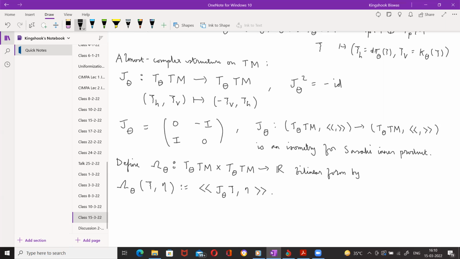Is this clear? Okay. Then, as before, for the example of Cn or R2n, omega theta is alternating.